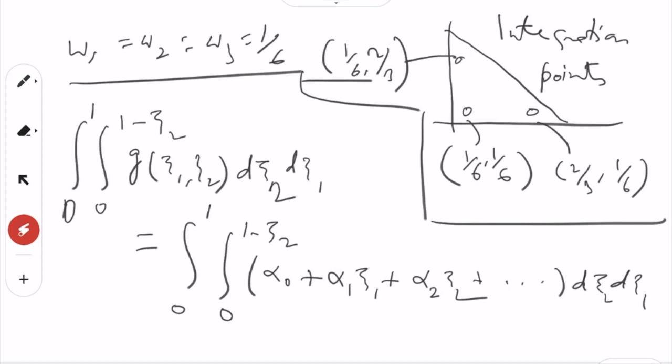So, basically if we can integrate individual terms, the others we can integrate easily. So you can use this formula, this is also given in your textbook, and it is something like this.